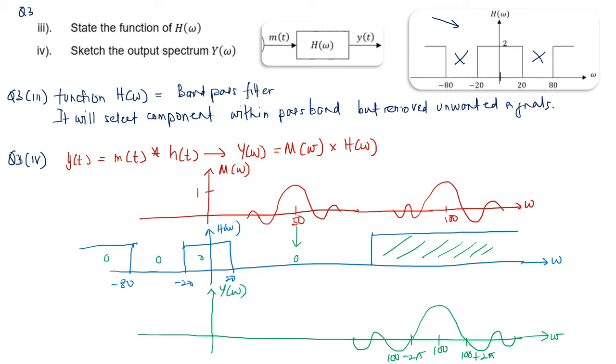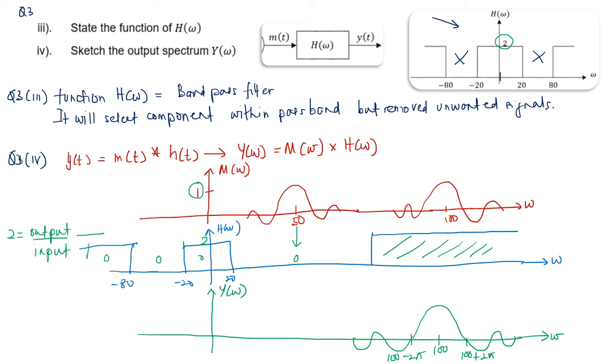How about the magnitude? If you refer to the filter, the magnitude is 2. So here is 2. What does the 2 basically represent? The magnitude 2 is equal to the output amplitude divided by the input amplitude. In this case, our input is 1.